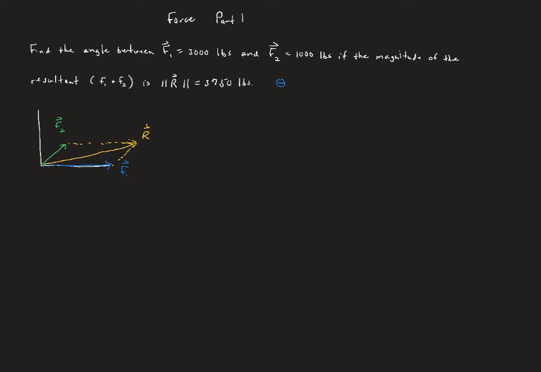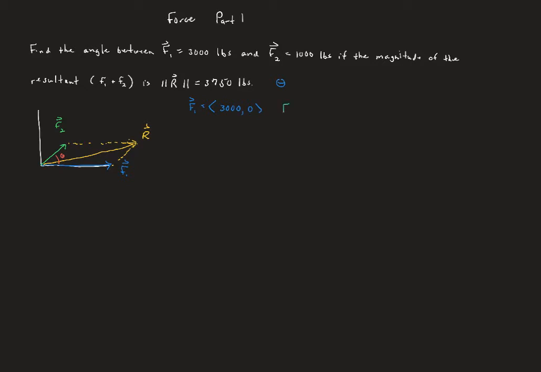We're trying to find theta, the angle formed by the force 1 vector and the force 2 vector. Let's see if we can resolve our forces into their components. Because we placed force 1 on the x-axis, all of its force goes along the x-axis to the right, so its components are 3,000 in the x direction and 0 in the y direction.